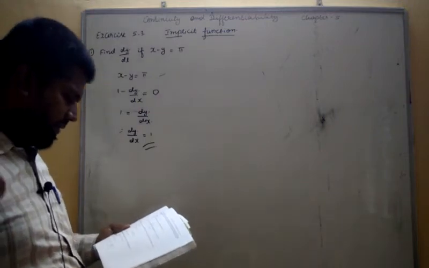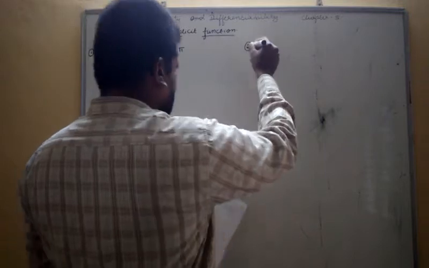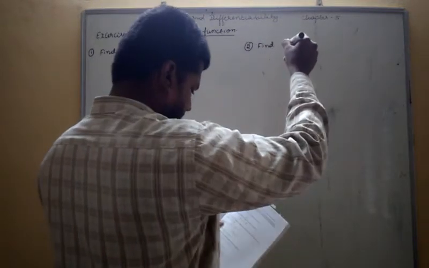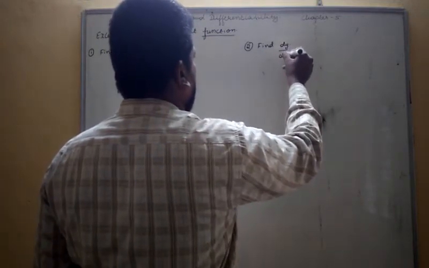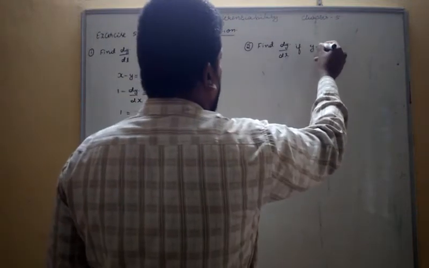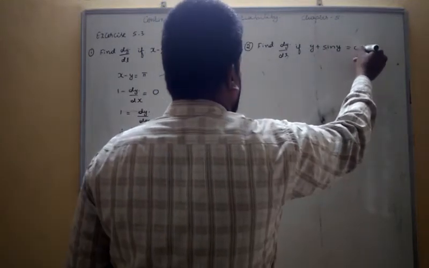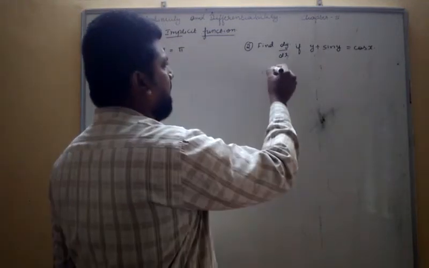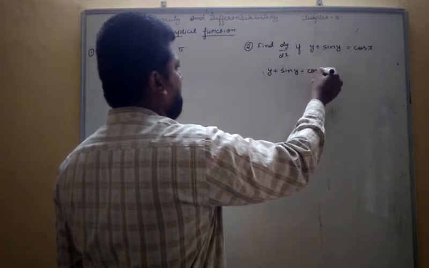Take down the next problem, the second one. Find dy by dx if y plus sin y is equal to cos x.